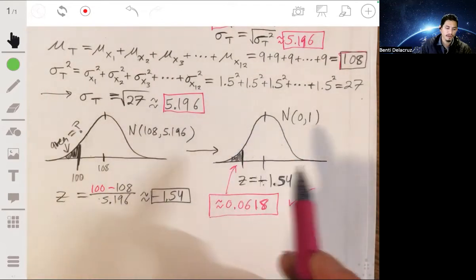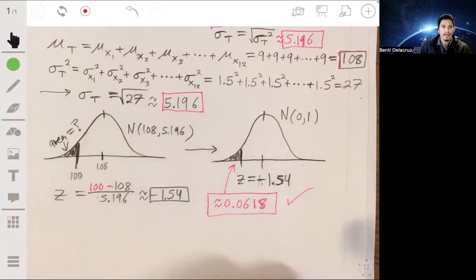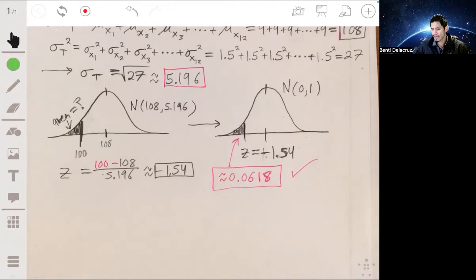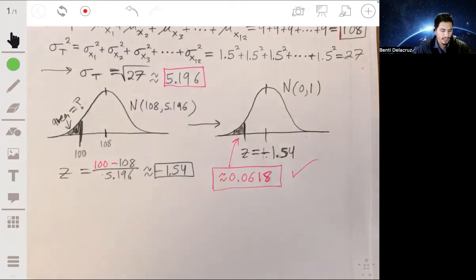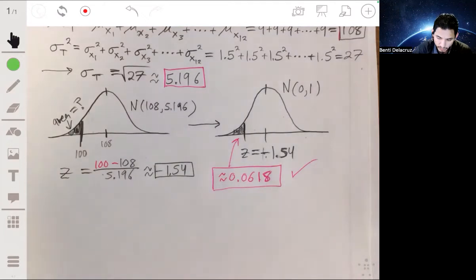This area is about 0.0618. And so, in context, we say that the probability of selecting 12 oranges at random and then weighing less than 100 ounces is about 6.18%.